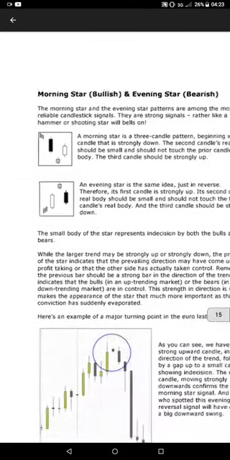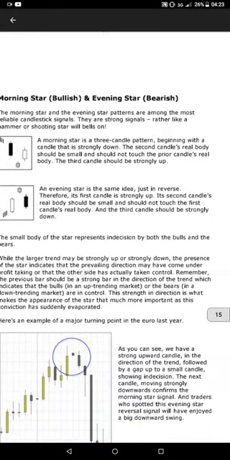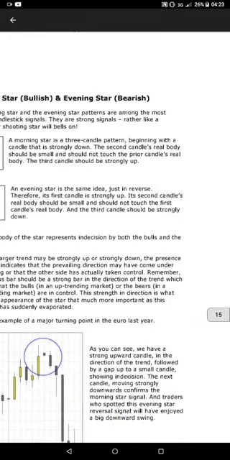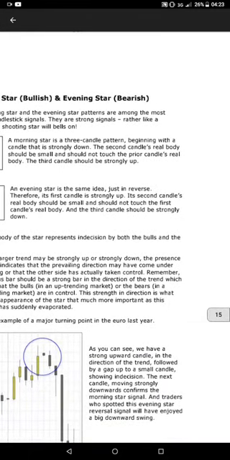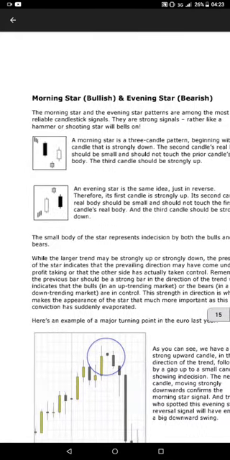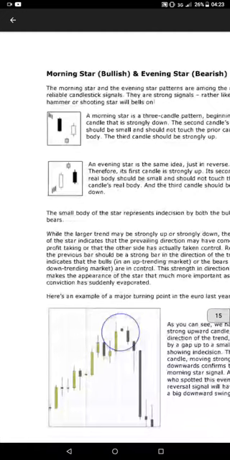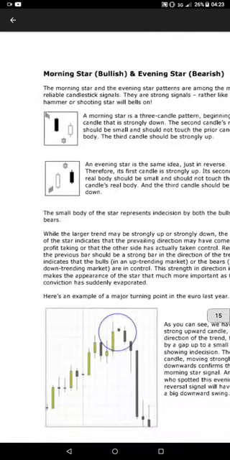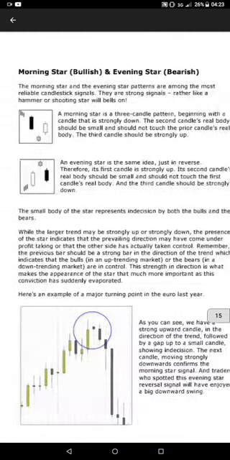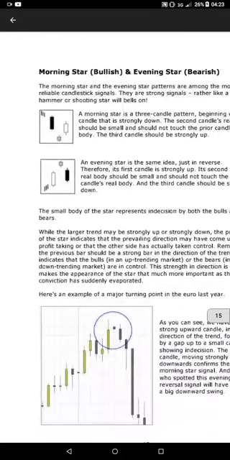Let's proceed. The small body of the star represents indecision by both the bulls and the bears, bullish and bearish.